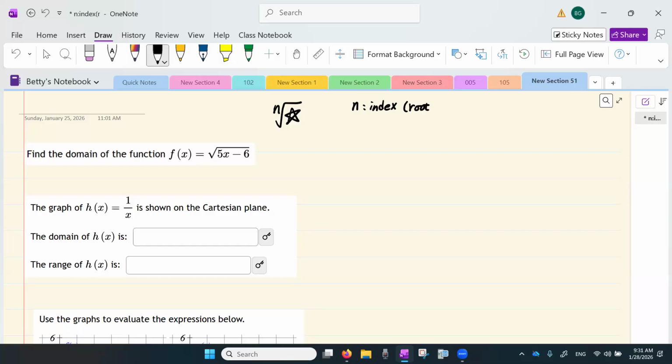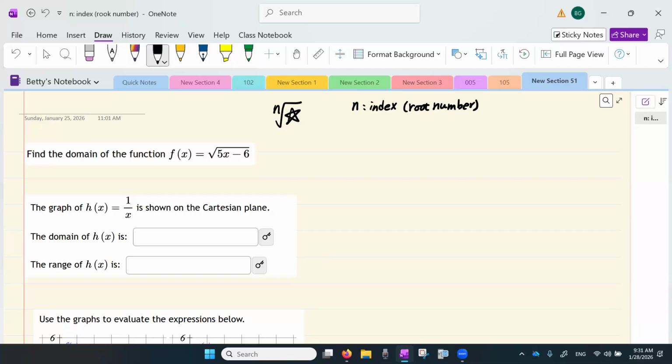It has another name, it's called a root number. When you see the root number is absent, that means the radical is a square root. So you normally do not see the index 2 over there, okay?